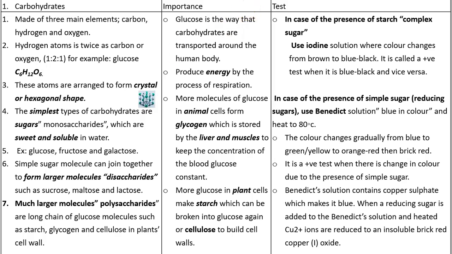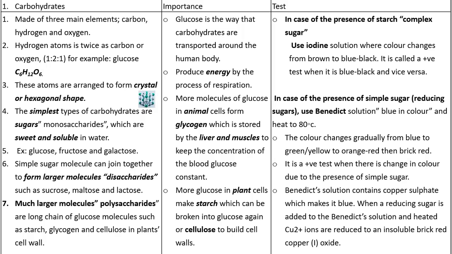So we need the glucose molecule in order to make immediate energy. So glucose molecules or carbohydrates are the immediate sources of energy in our bodies. Not only us, plants, any living organisms, they need glucose for cellular respiration and to get energy.